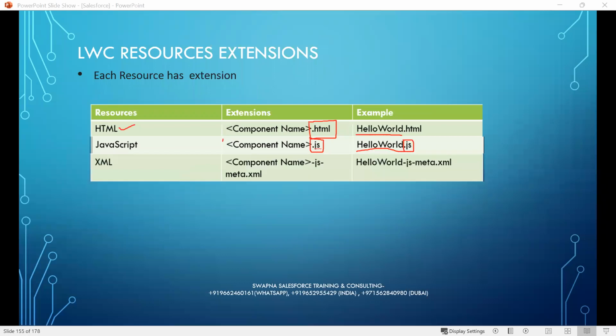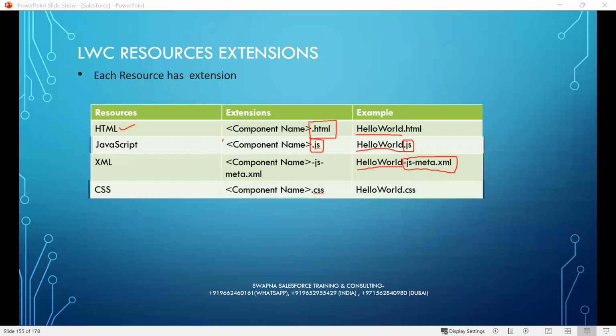The third one is XML. The XML extension is .xml, but it adds -js-meta.xml to the component name. For example, if my component name is helloWorld, it adds -js-meta.xml. The next one is CSS.